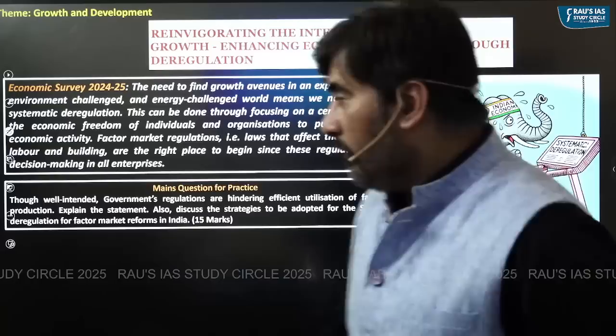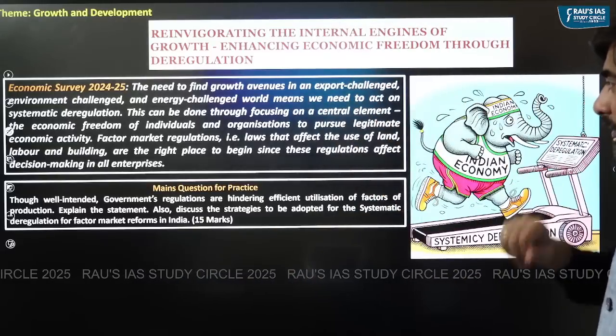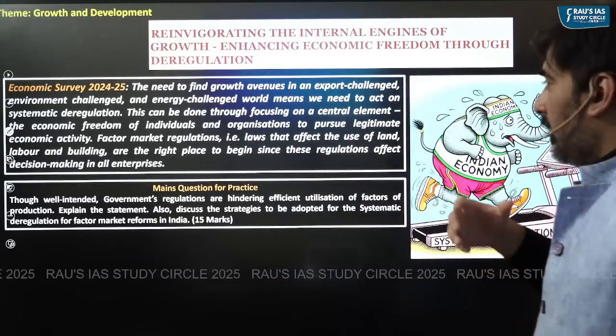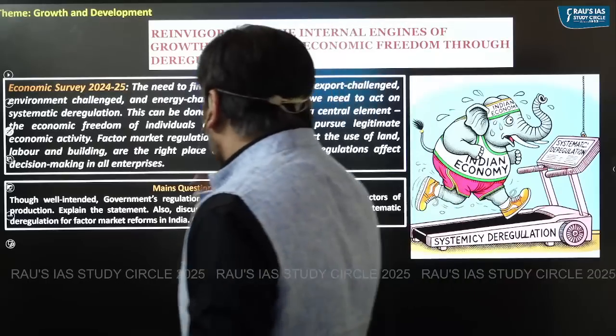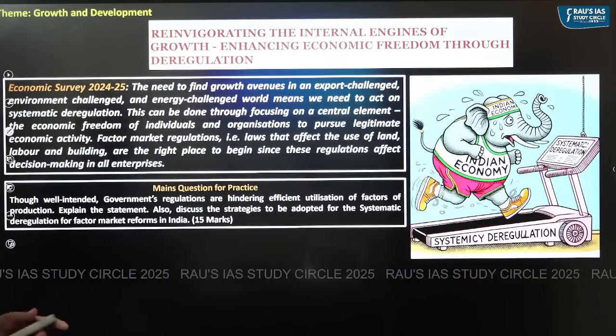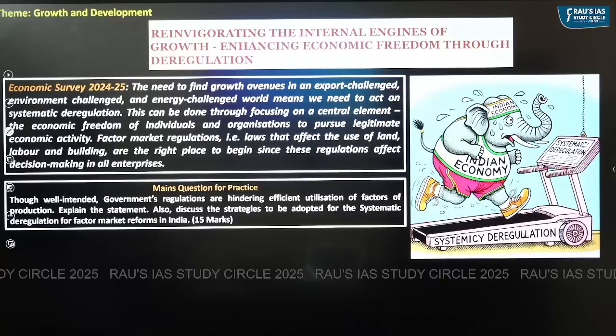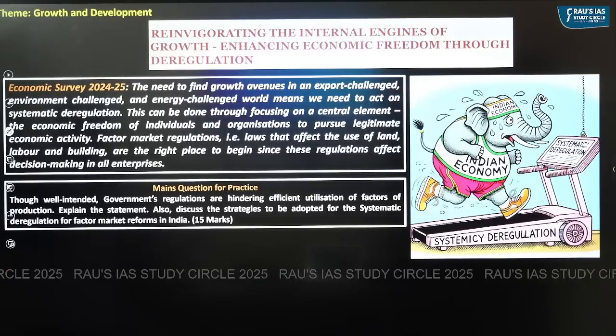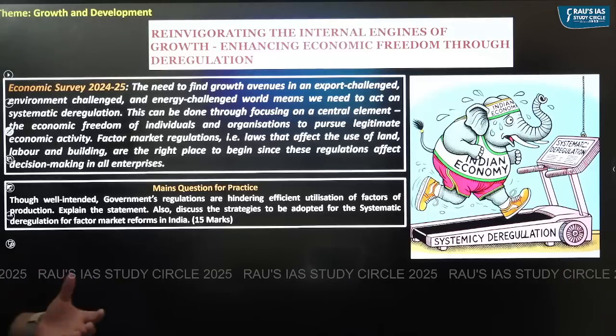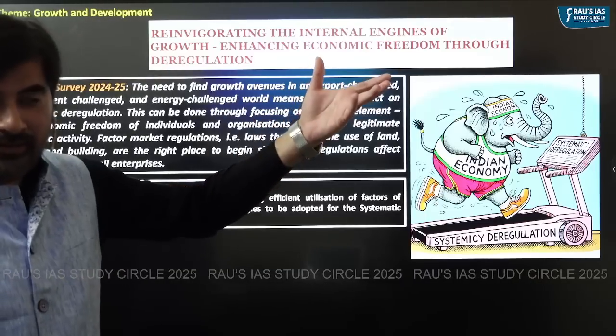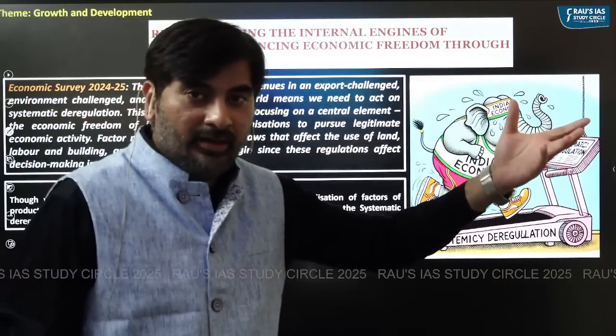So you can see here, the economic survey says that the need to find growth avenues in an export challenged, environment challenged, and energy challenged world means we need to act on systematic deregulation. There's a problem of geo-economic fragmentation.